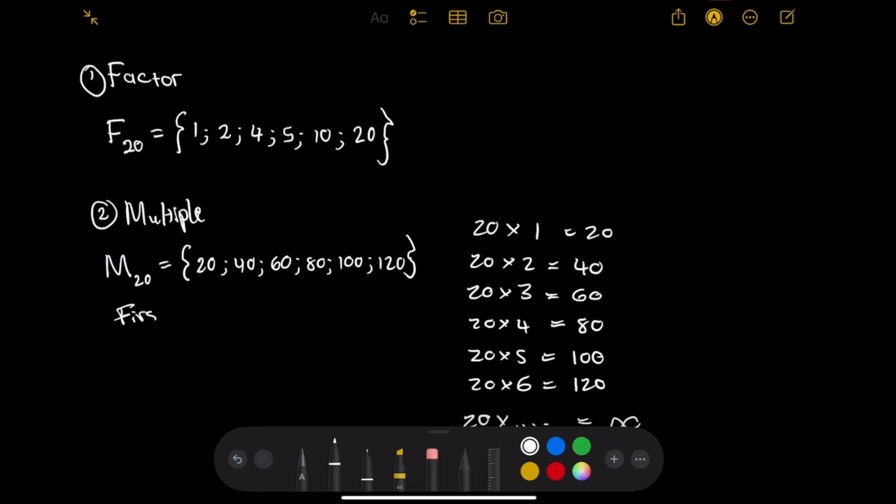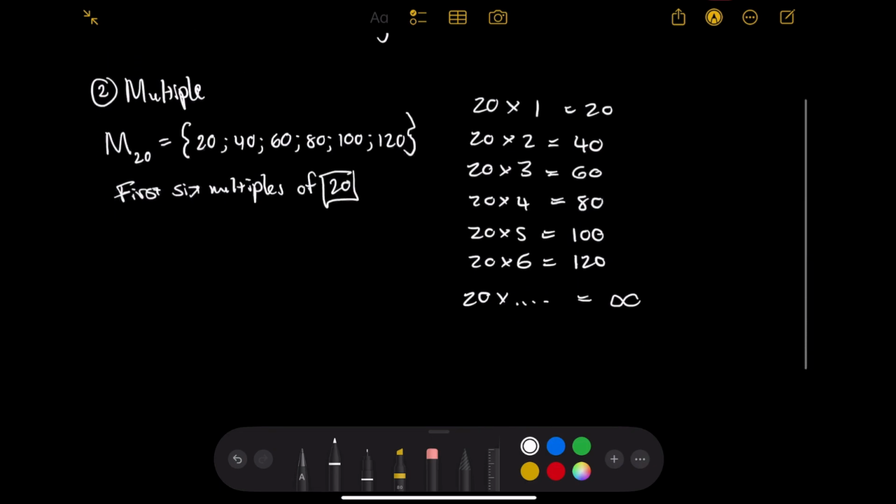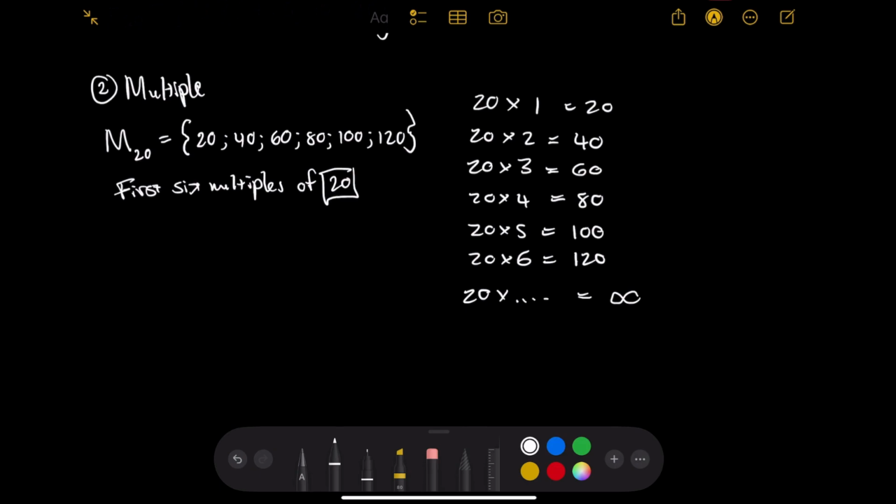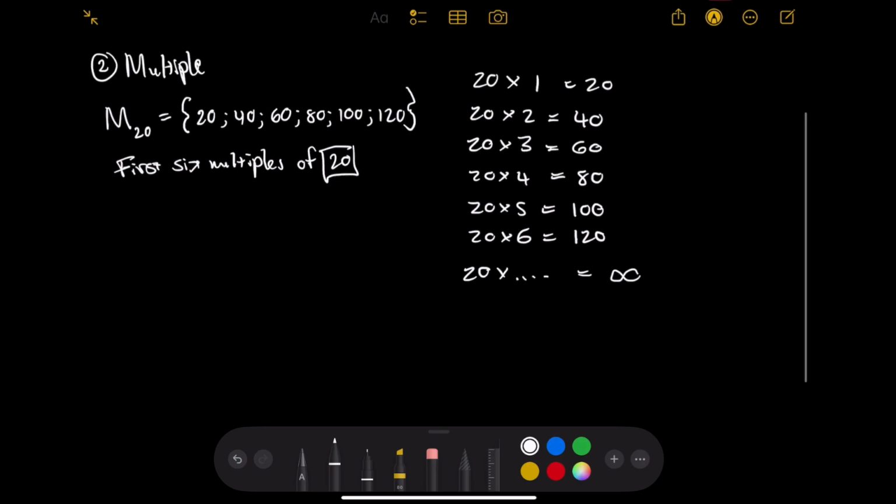That's really important. So once again, the multiples of a number refer to all of the numbers which that number can divide into without leaving a remainder.